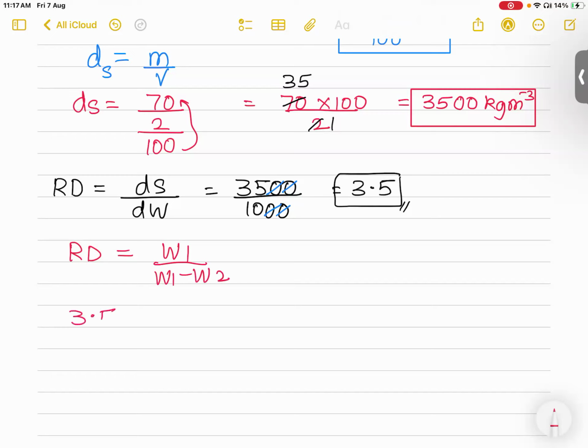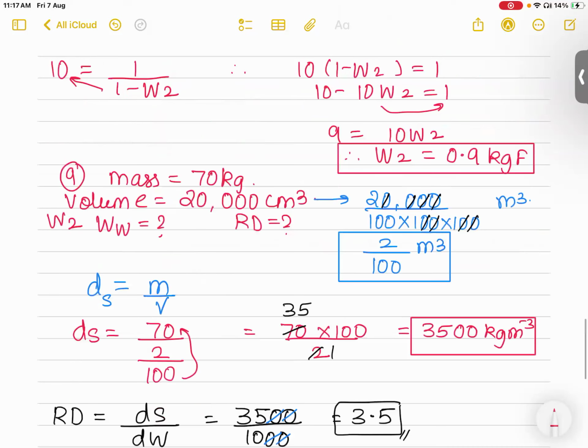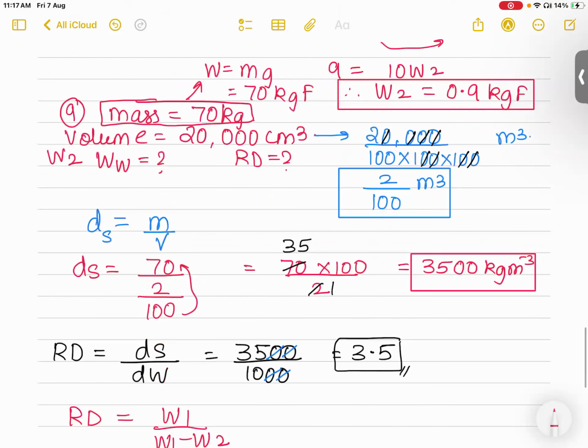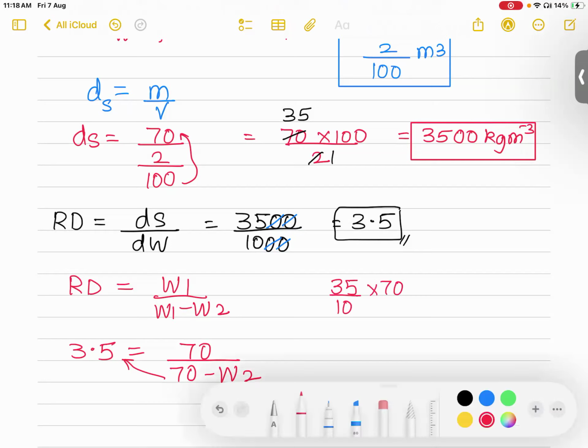3.5 is equal to weight of the substance, which we haven't found. Mass is given. From mass, I can calculate weight by using mg. So this will be 70 kgf. Okay, students. So 70 upon 70 minus W2. I cross multiply. I get 3.5 into 70. Wait, I'll try to write it in the bracket, otherwise it will create confusion for you guys.